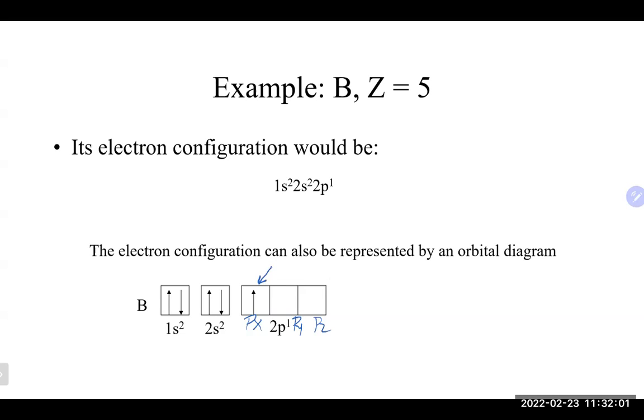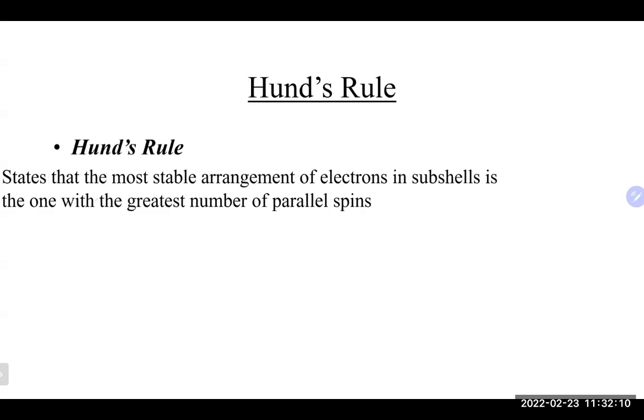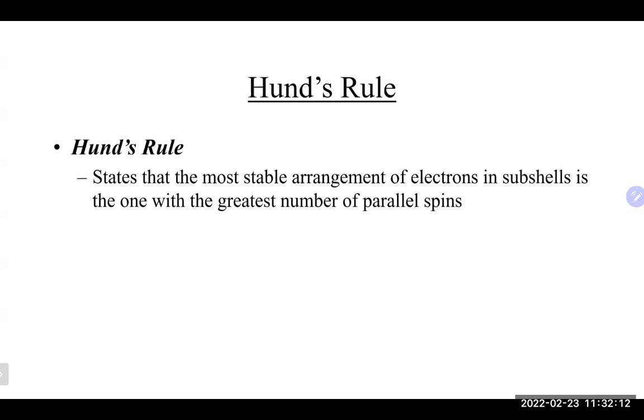There is another rule that helps us decide where to put the next electron, and that rule is known as Hund's Rule. Basically Hund's Rule says that the most stable way for an atom is to maximize what is referred to as parallel spins. If you remember, when the electrons go opposite of each other, that is paired spins. Parallel spins is everybody heading in the same direction.